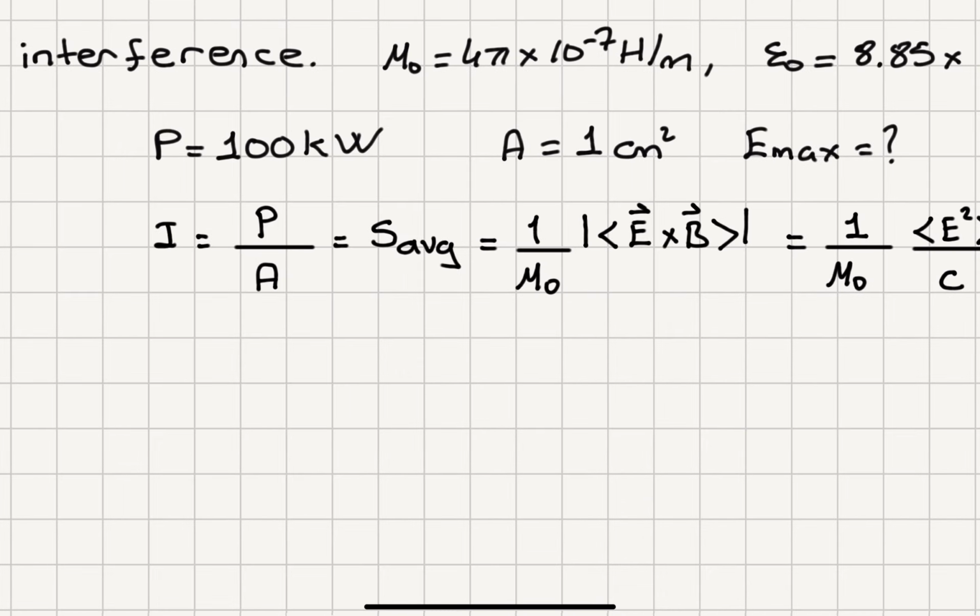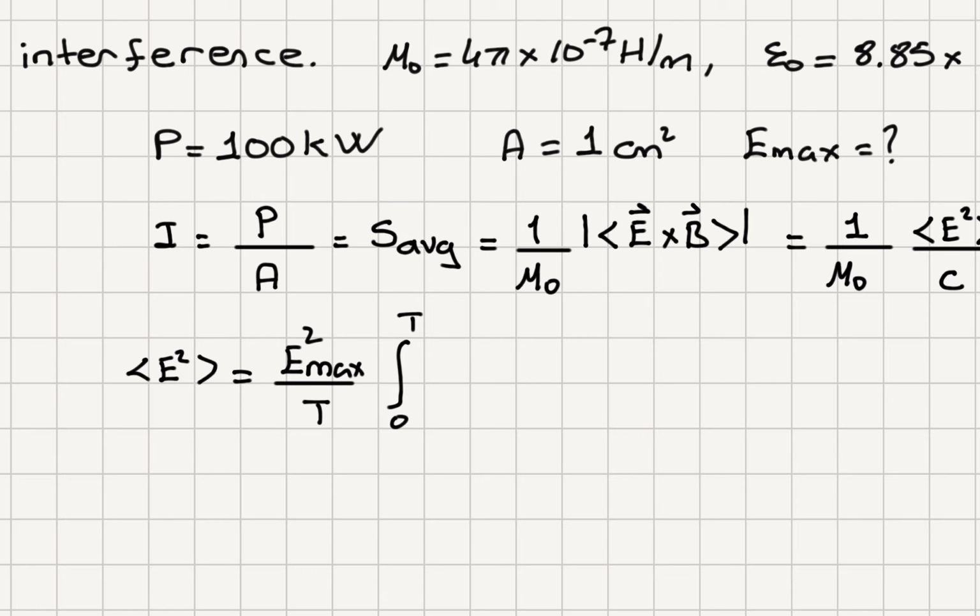Now, if I continue with this calculation, what is the time average value of the electric field squared? It is E max squared divided by the period, integral over 1 period.